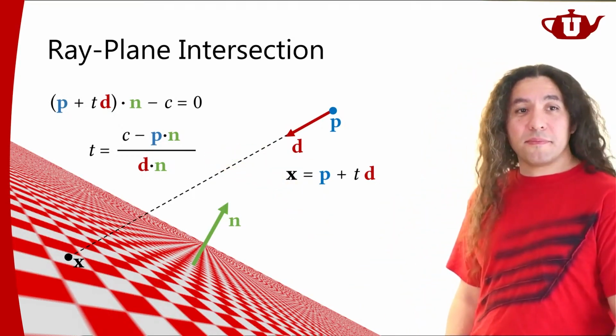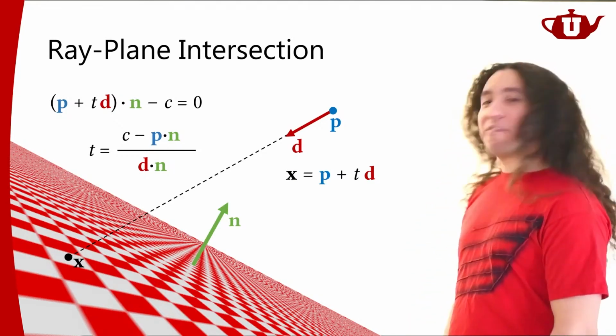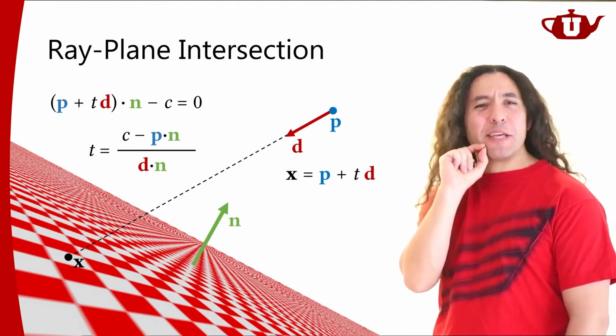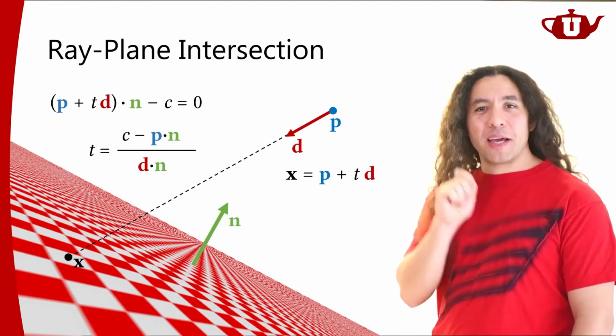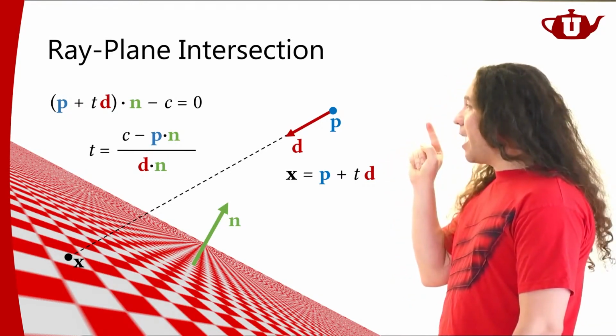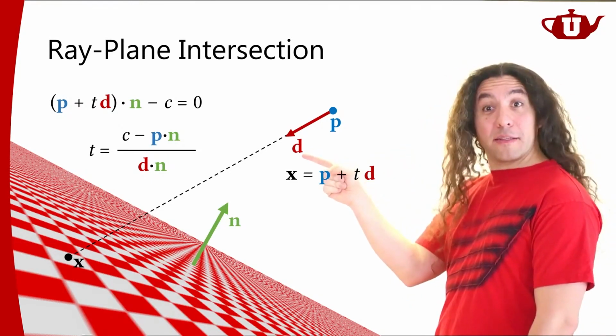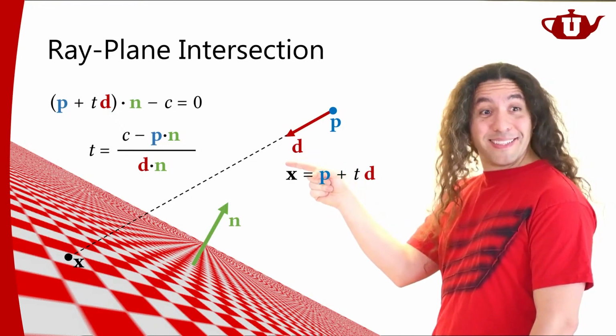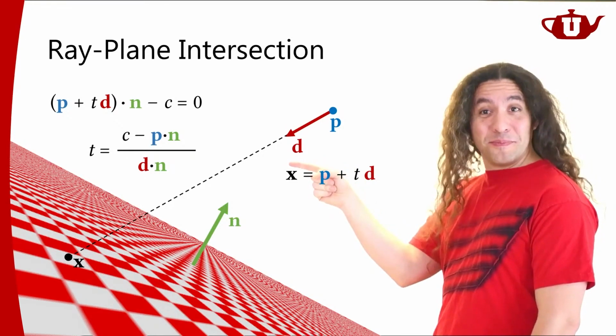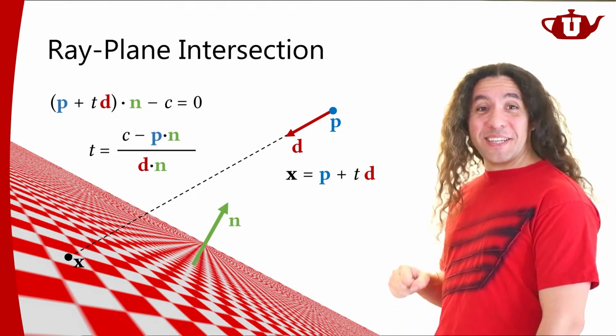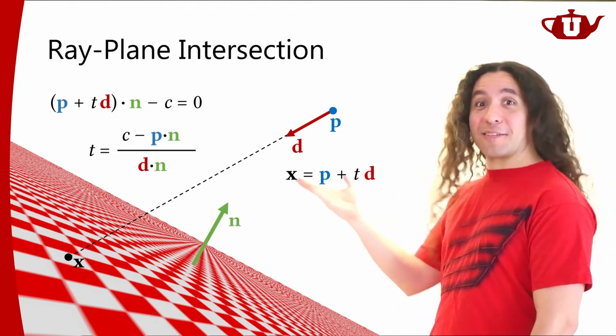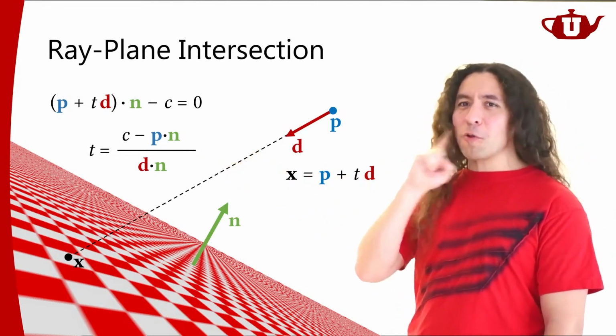Simple enough? All right, there's one caveat here. There's one little thing you need to be careful about. How do I know whether or not my ray intersects with this plane? It seems like it always intersects, right? There's always a solution. But there isn't always a solution.